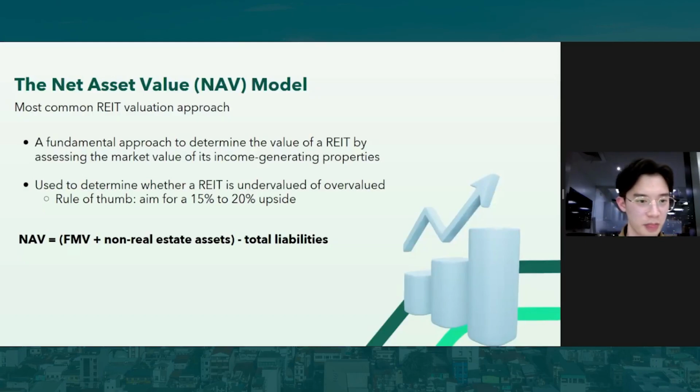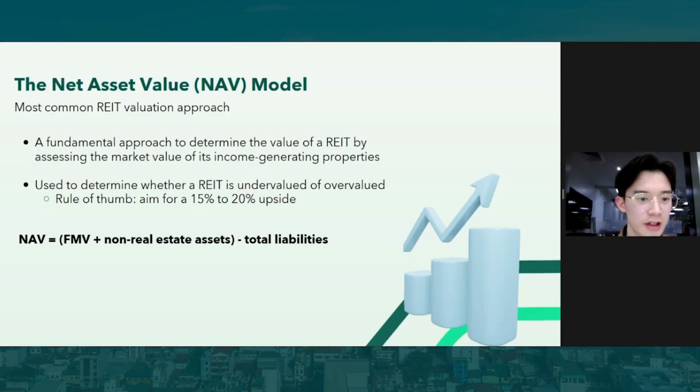Okay. So again, we will now tie everything together using the net asset value model. This one is probably the most common REIT valuation approach. It's a model used to determine the value for a REIT by assessing the market value of its income generating properties.